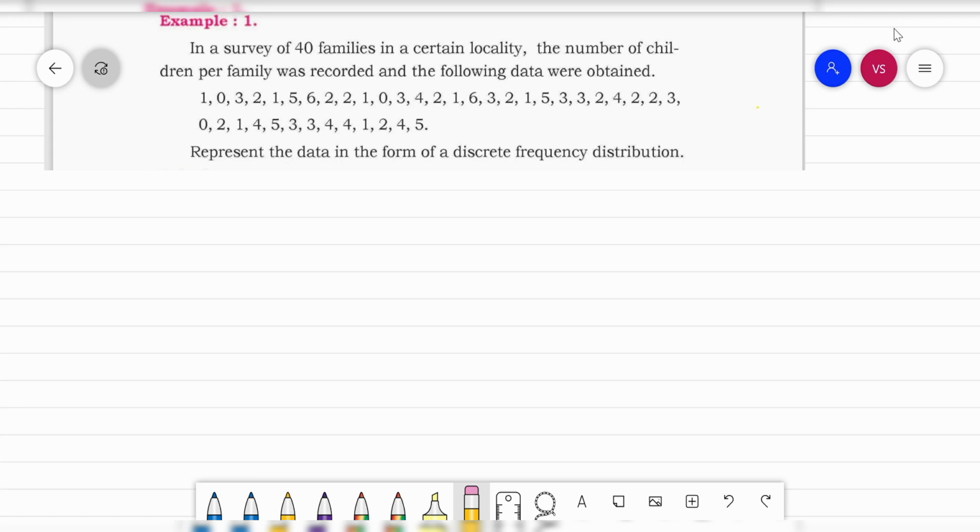So let's take one simple example which is there in the textbook, students. In the textbook, example number 1, which is displayed on the screen for you right now. What is it?